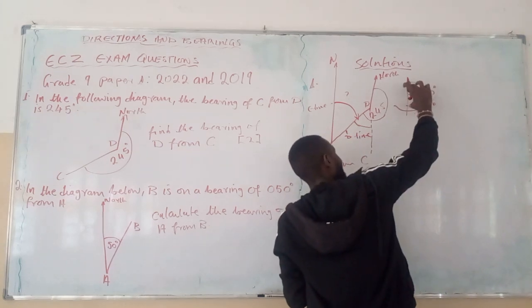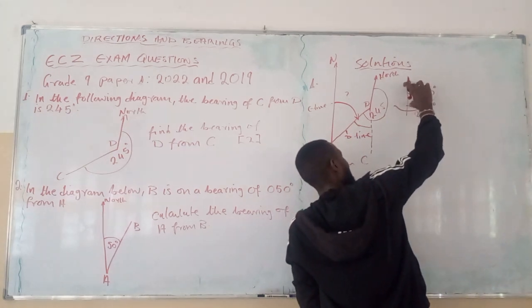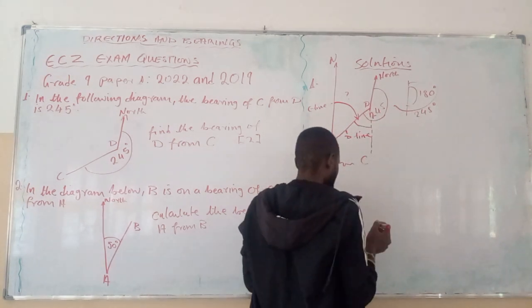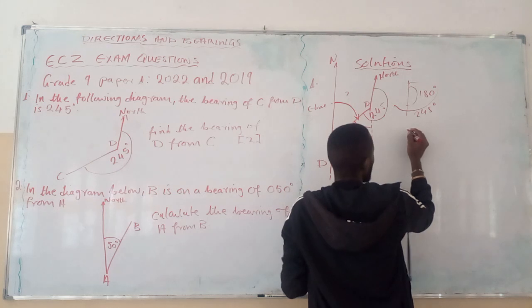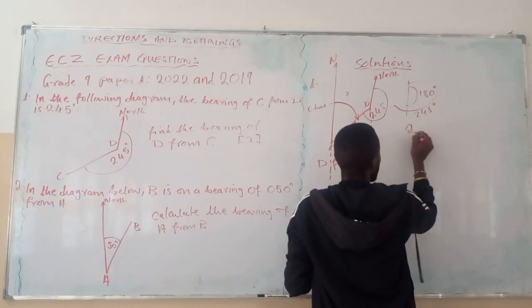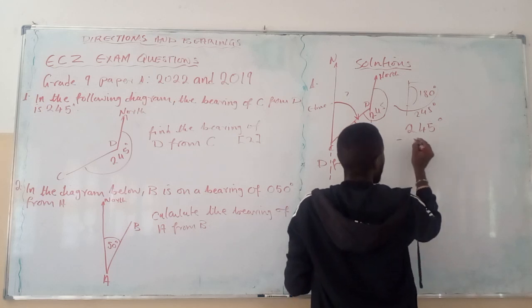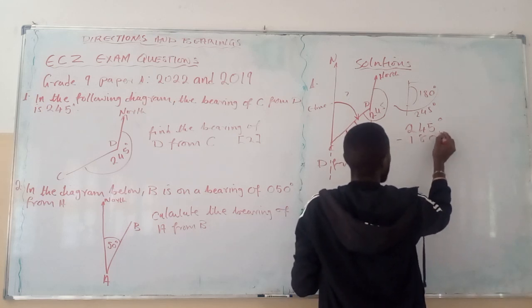Now we know that the straight line is 180, so I'm just going to remove 180, then I remain with this angle here, and that will be the angle for that. So now let's say 245 degrees minus 180 degrees.